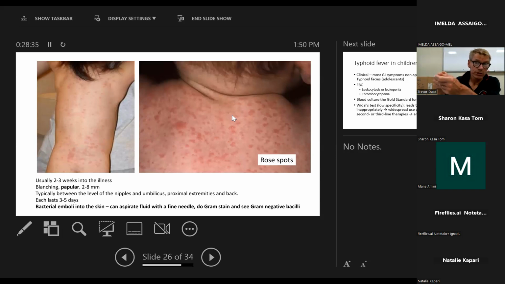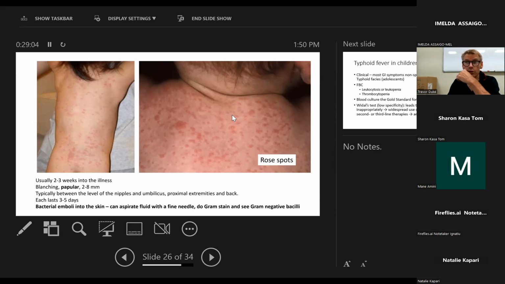If you were to take a sample of the rash, and I've done this, you put a needle and syringe with some sterile saline, inject it into the rash, then aspirate the saline and put it on a microscope slide or into culture, and you can grow the typhoid. So if you see a child with typhoid who has this disseminated rash, they've got a disseminated infection.